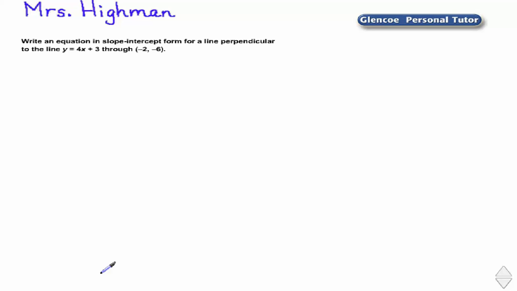Write an equation in slope-intercept form for a line perpendicular to the line y equals 4x plus 3 through (-2, -6). Well, let's take a look at the information we have first. We need to write an equation, and the line needs to be perpendicular to y equals 4x plus 3.